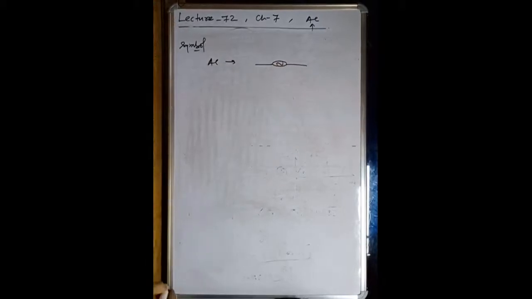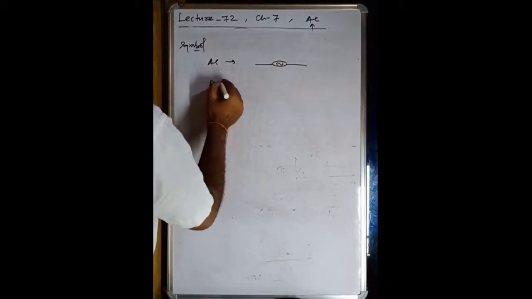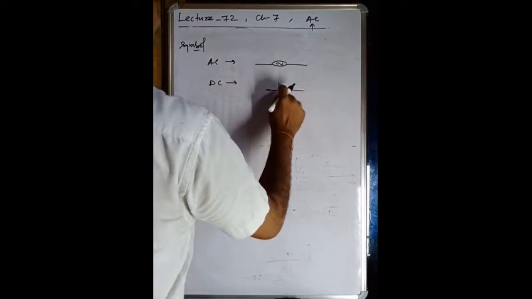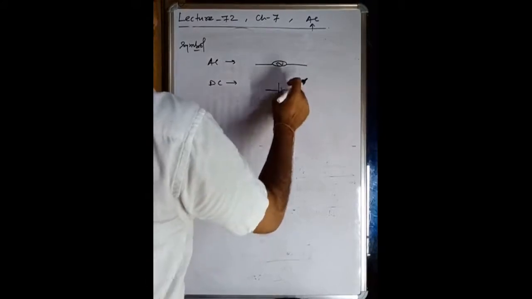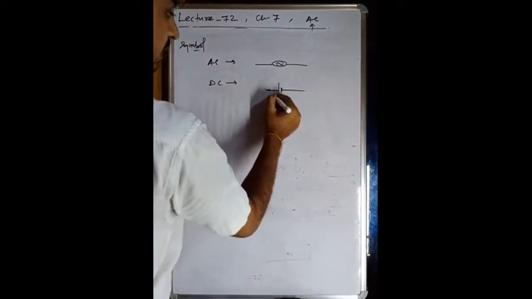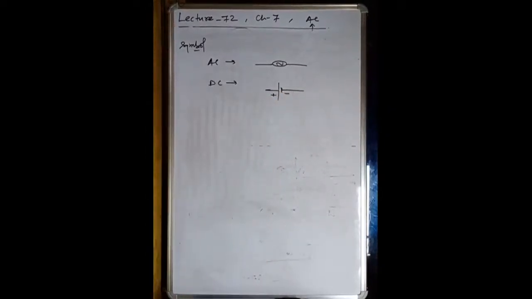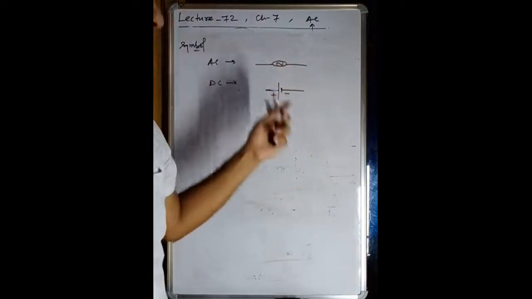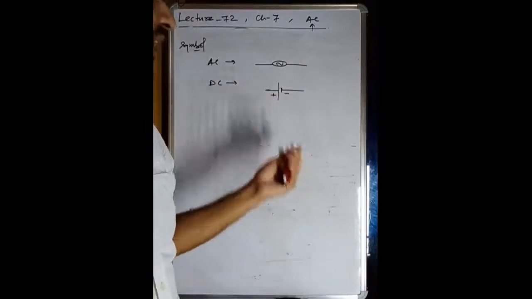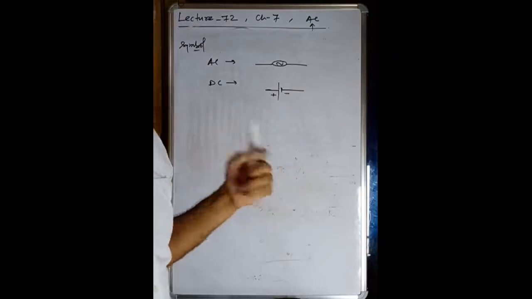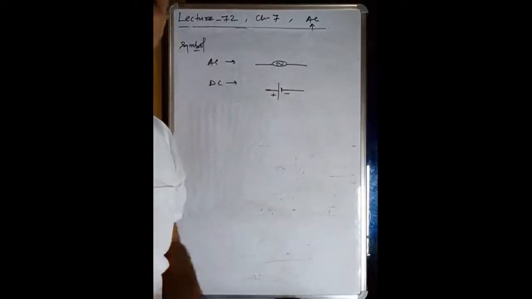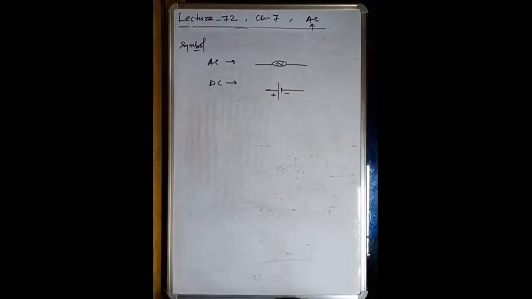And for DC we use a symbol to represent the source, like this, the battery. The polarity plus and minus is given in direct current because the direction does not change, but for AC the direction changes, that's why we cannot give positive or negative. But the instantaneous value will have polarity. If you are talking about the instantaneous current, then you can give the polarity that we will use in electronic circuits. Okay, my dear students.